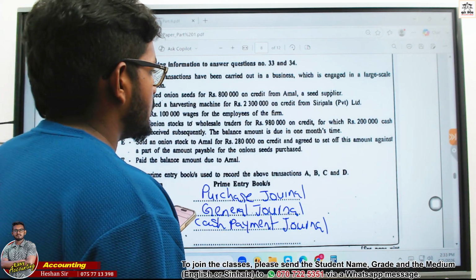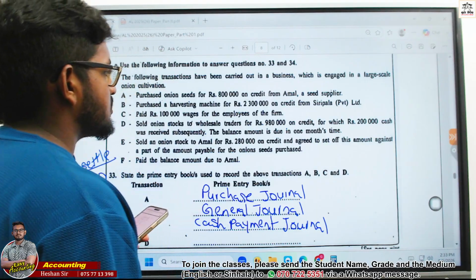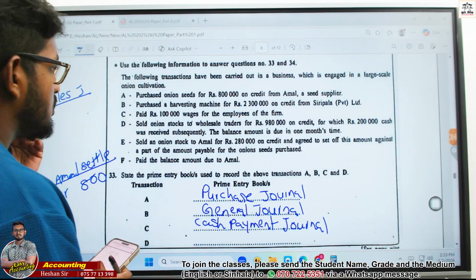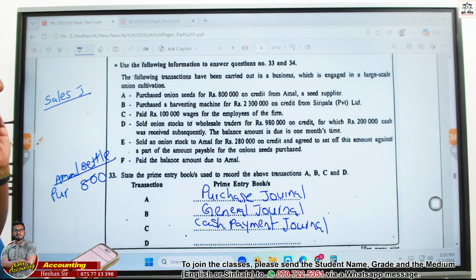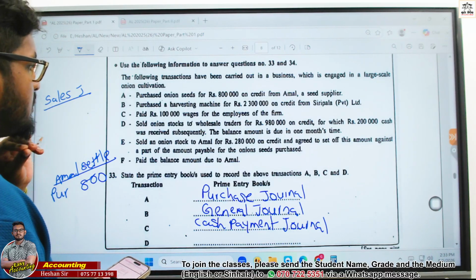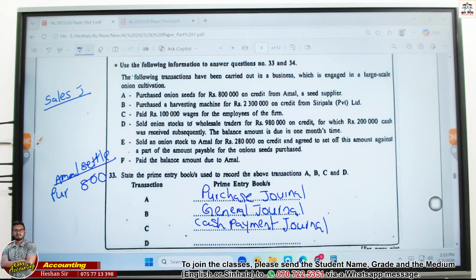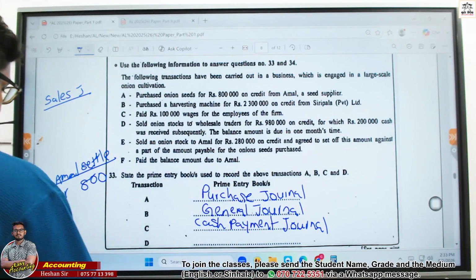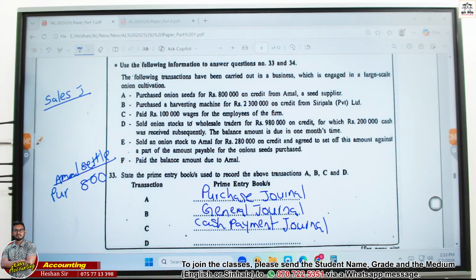The balance amount is due in one month's time. In here you can see we sold 990.